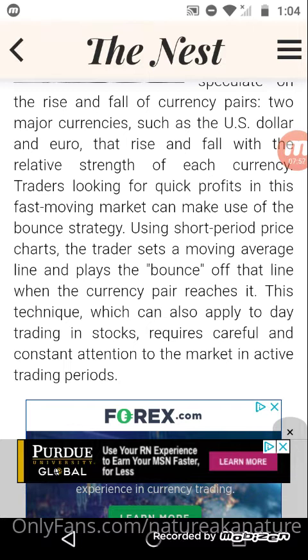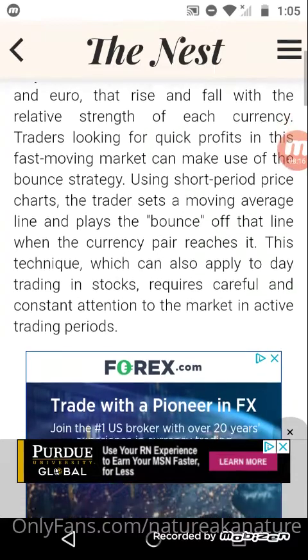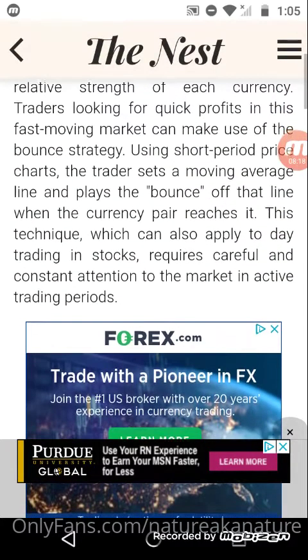This technique, which can also apply to day traders in stocks, requires careful and consistent attention to the market and activity during this trading period on a bounce back. So it's a short-term trade. You've got to pay close attention when you use the bounce back strategy, because it's usually used on a 15 or 5-minute chart.